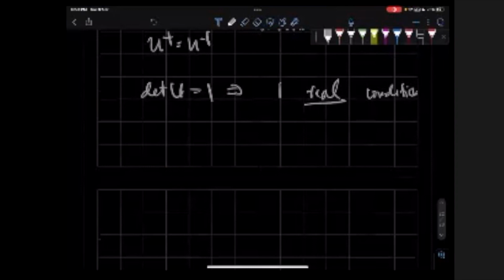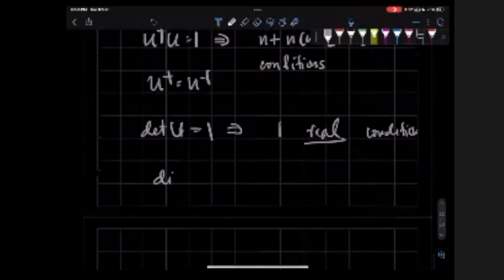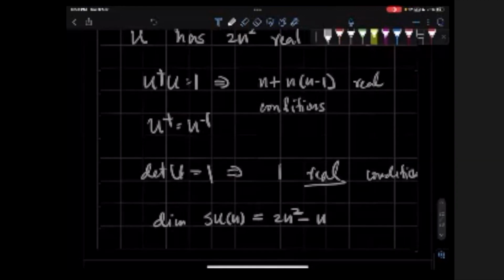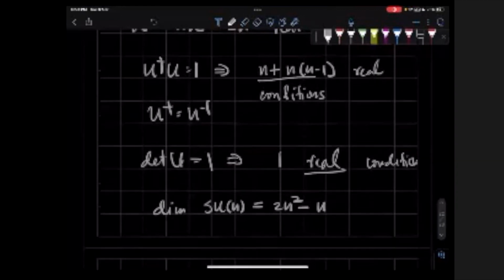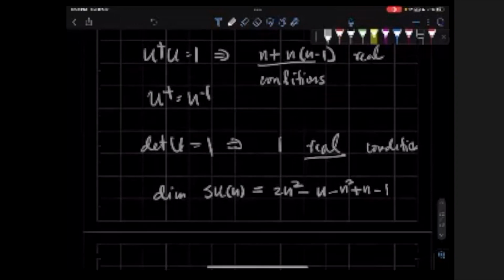So this means that the dimension of SUN is 2n squared minus n squared plus n minus 1. In other words, it's n squared minus 1.